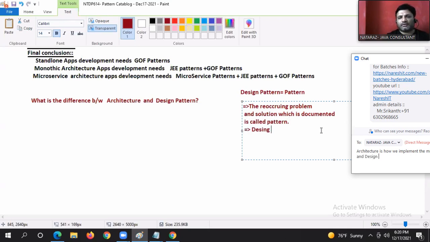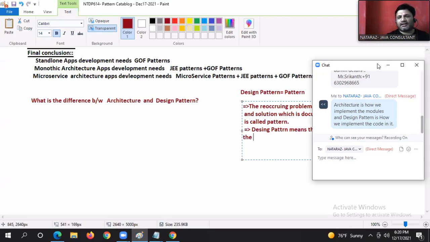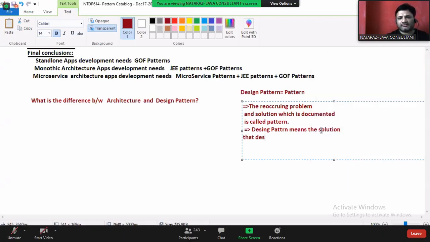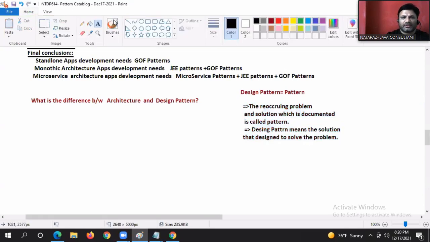Design pattern means the solution that is designed to solve the problem. Right now I'm not talking about this. Please answer my question. What is the difference between architecture and design pattern?